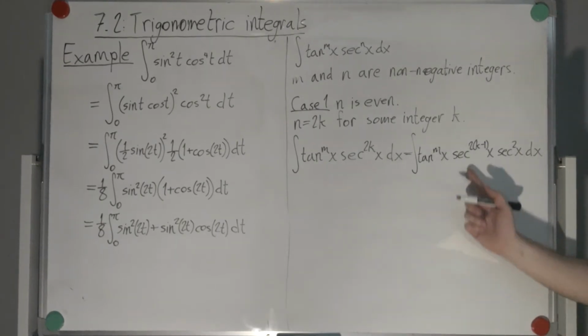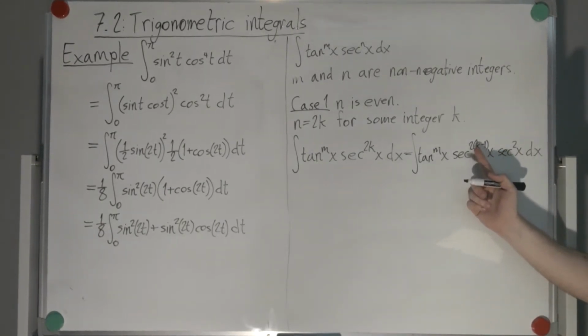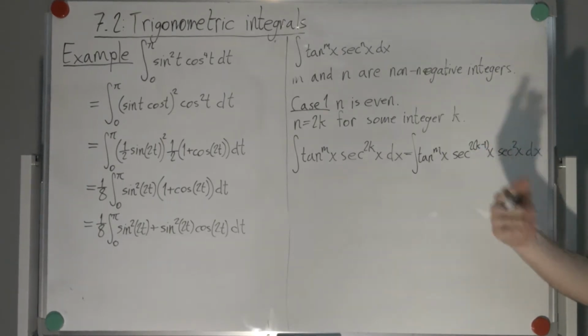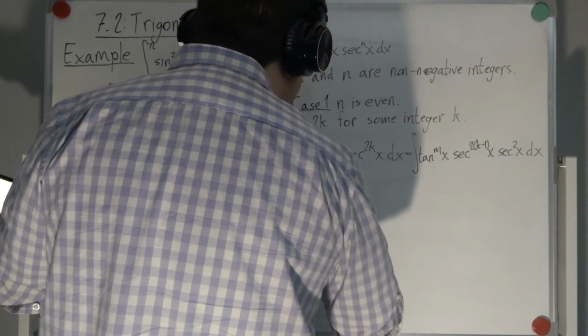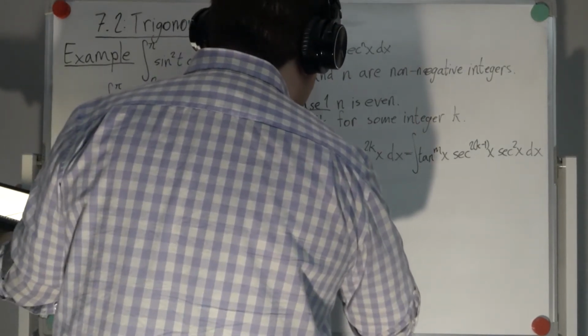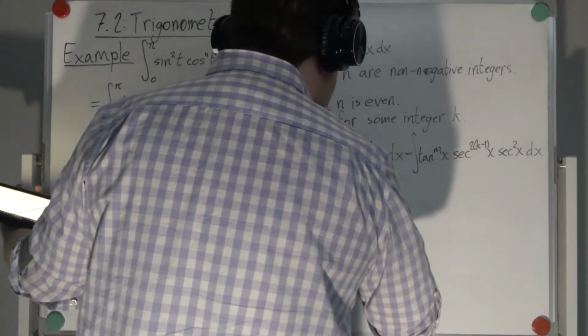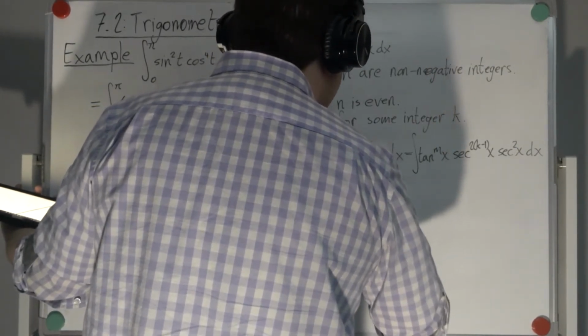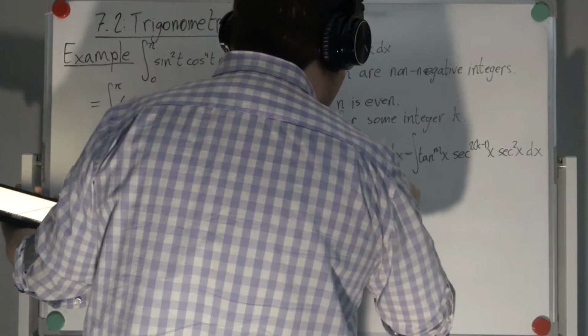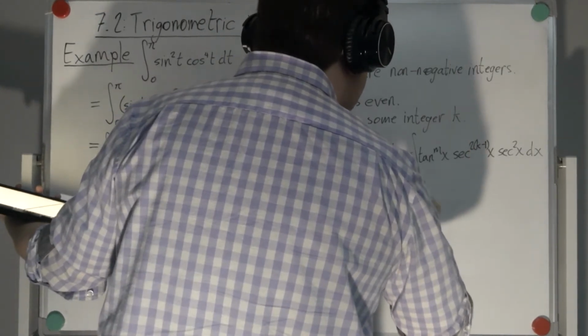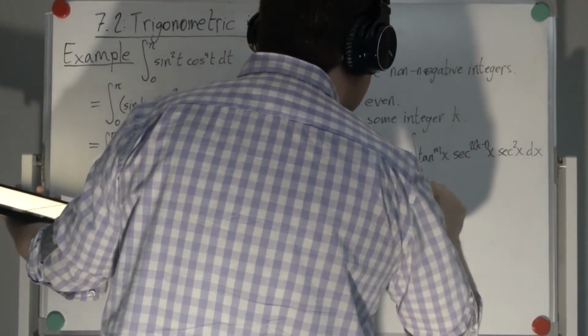Now then, secant to the 2 times k minus 1 can be understood as secant squared raised to the k minus 1 power. So this is the integral of tangent to the m of x times secant squared x to the k minus 1 times secant squared x dx.